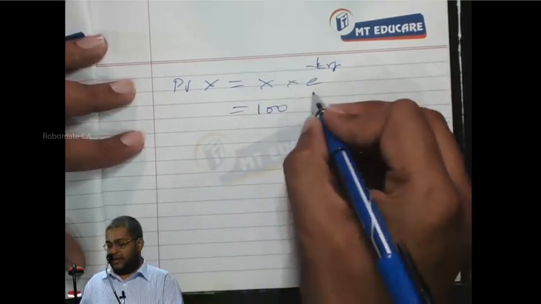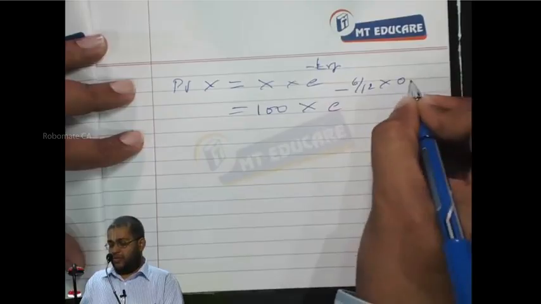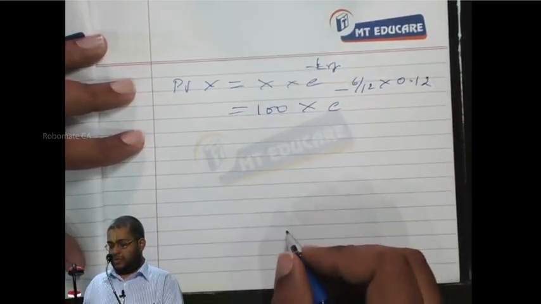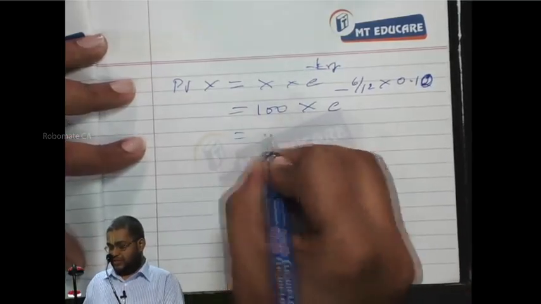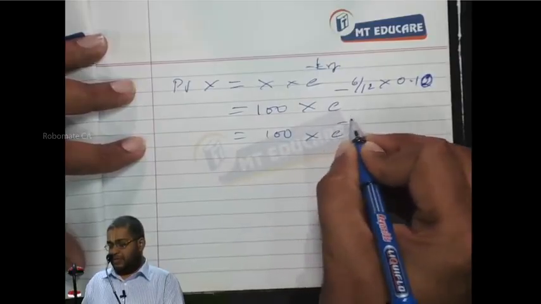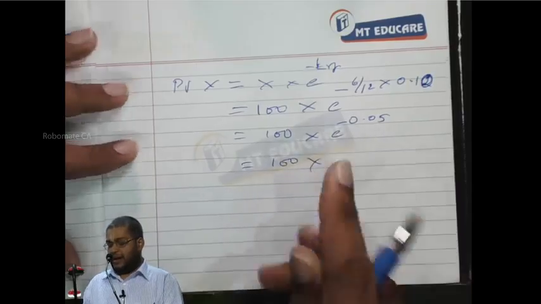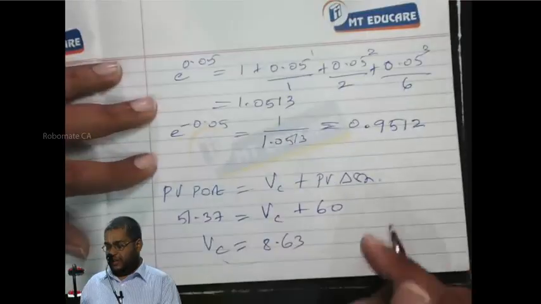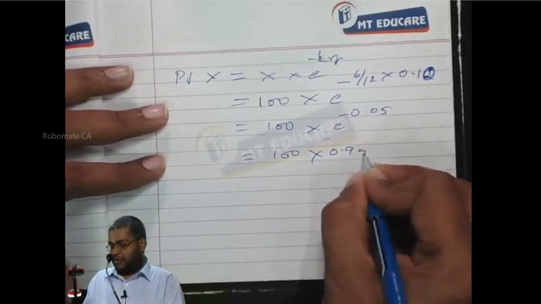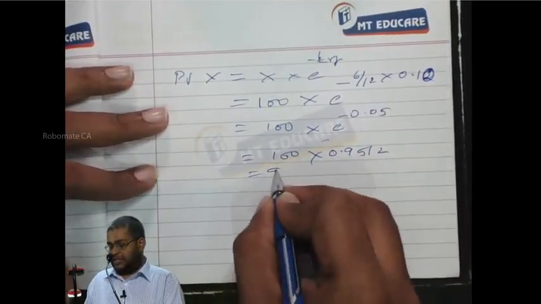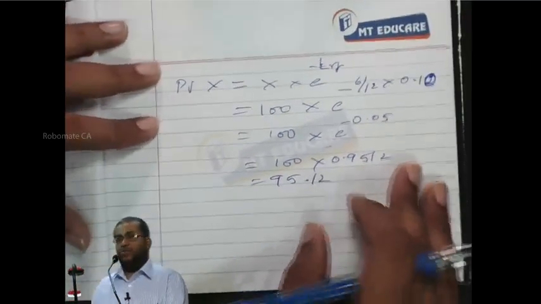So 100 into e power minus 6 by 12 into 0.10, which is 100 into e power minus 0.05. We need not do anything great; we already found e power minus 0.05 to be 0.9512. So 100 into 0.9512 is how much? 95.12. The present value of strike price is 95.12. Please, next.